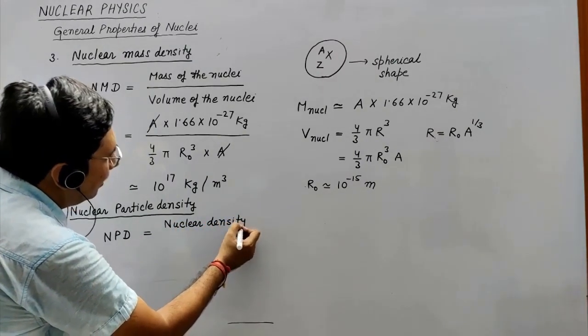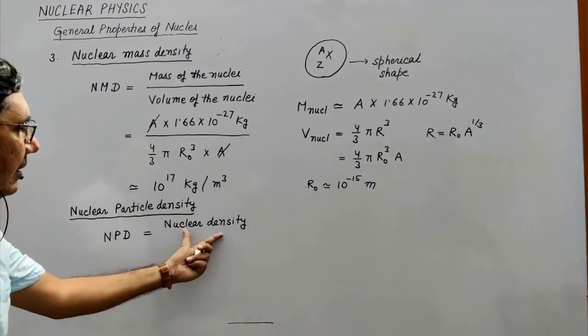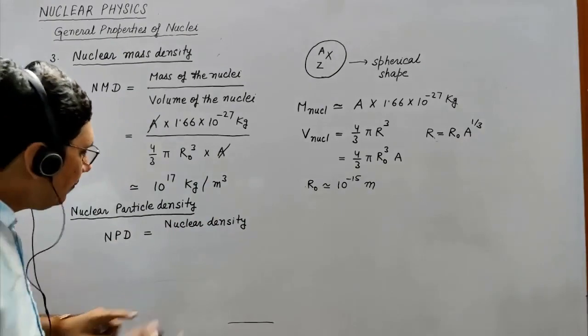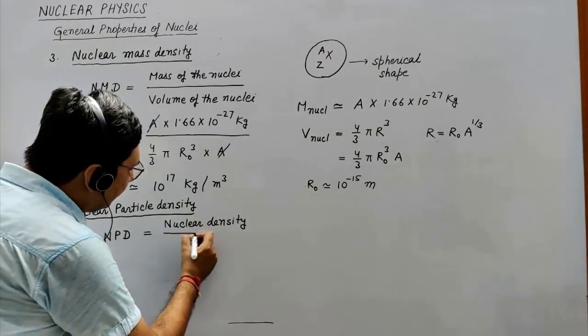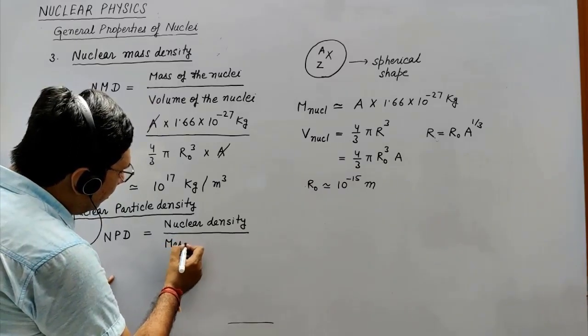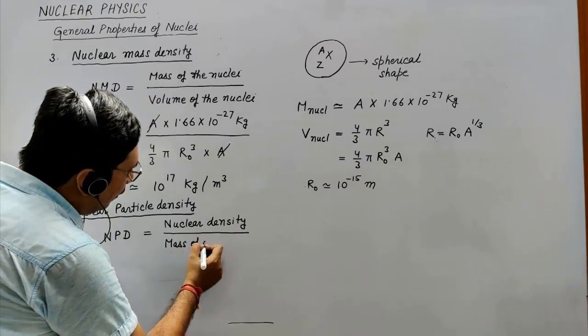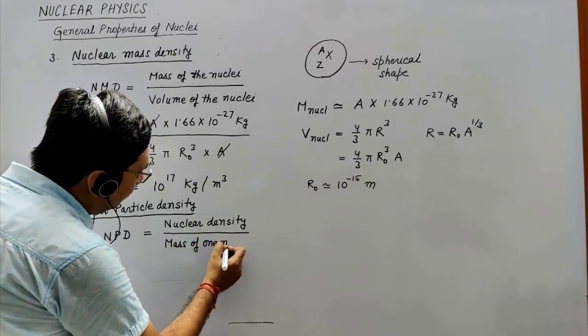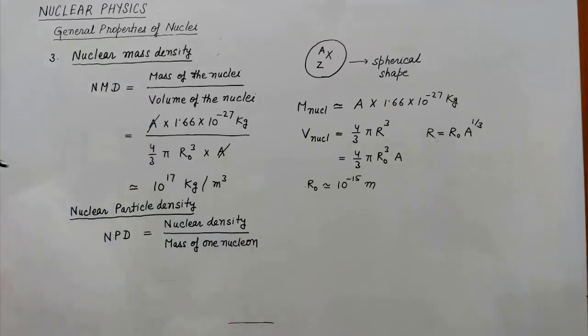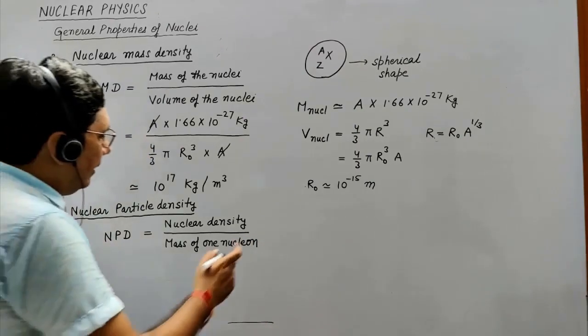Nuclear density is providing us the mass per meter cube. And if we divide this by mass of one nucleon, then we can find out nuclear particle density.